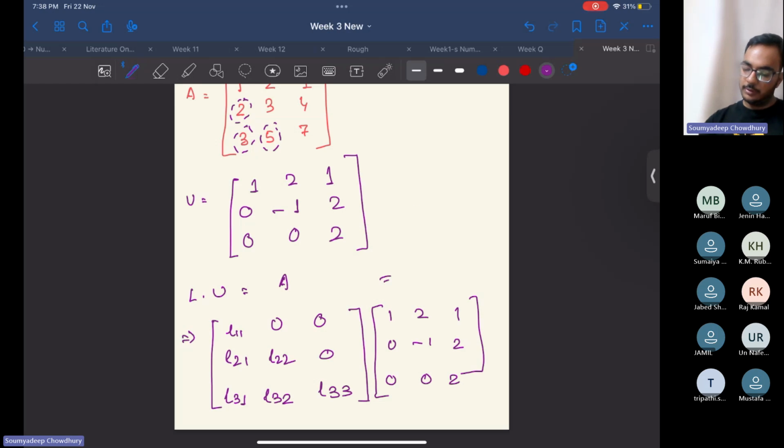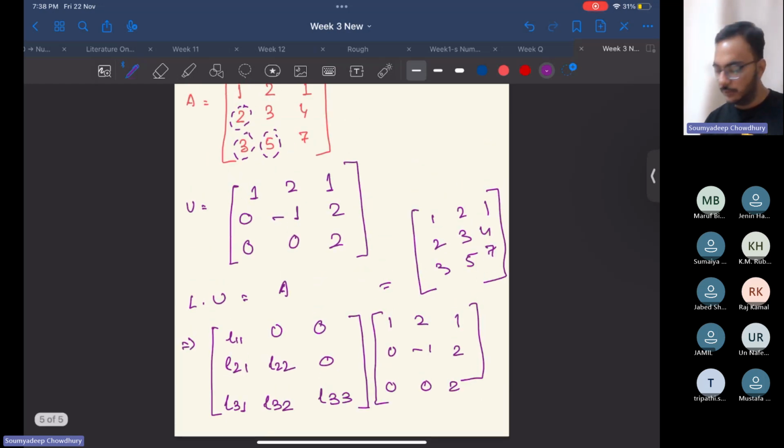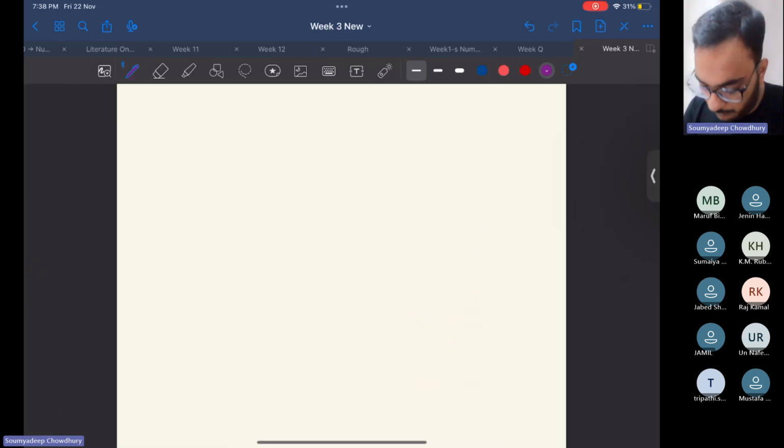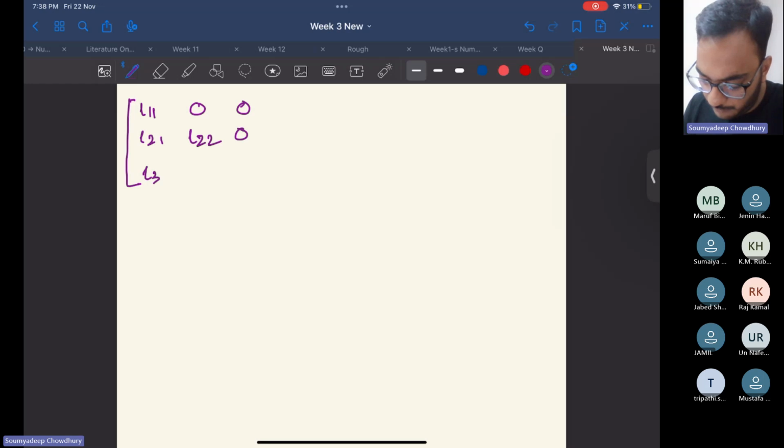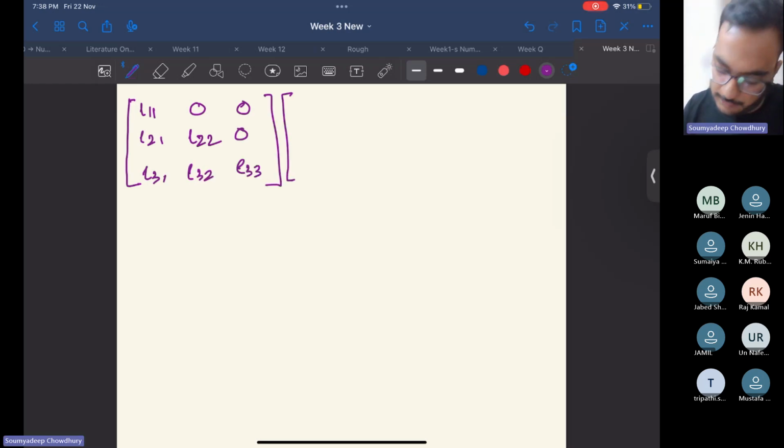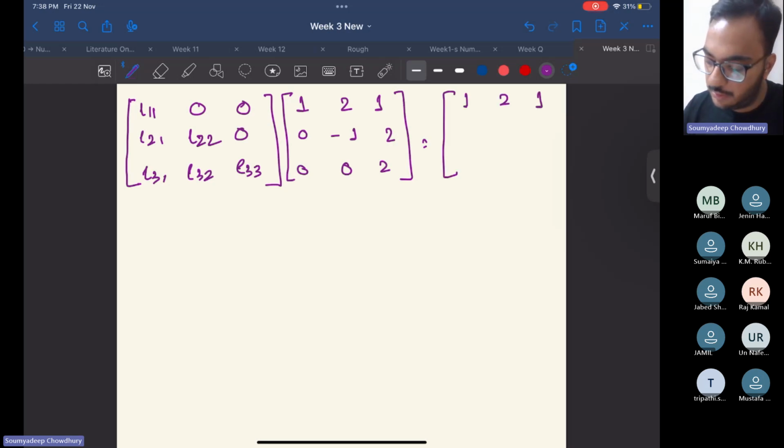That is equal to this matrix 1 2 1, 2 3 4, 3 5 7.